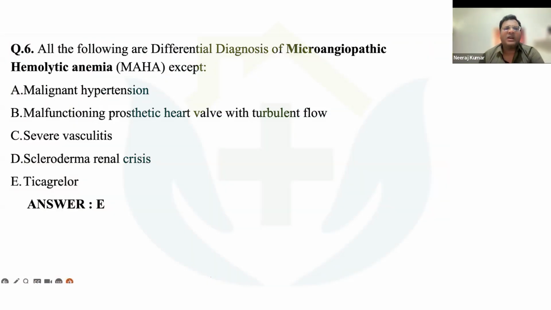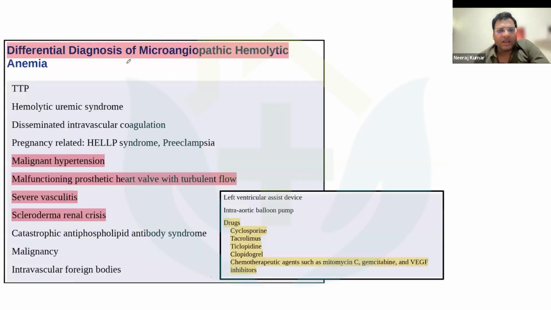Now coming to the next part: all of the following are differential diagnoses for microangiopathic hemolytic anemia, MAHA, except. So how many of you can mark? I think the answer is already written. Here you have to know the differential diagnosis for MAHA: malignant hypertension, or a malfunctioning valve having turbulent flow, can give rise to a picture of MAHA. Severe vasculitis, scleroderma renal crisis, and antiphospholipid syndrome (APLA) can cause microangiopathic hemolytic anemia.